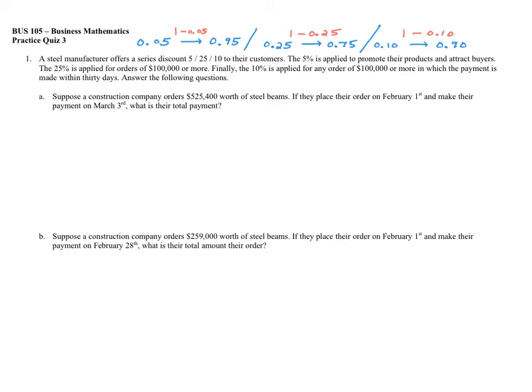So to solve part A, we're going to take the dollar amount, 525,400, and multiply it by 0.95, followed by 0.75. I'm going to do that right in my calculator.